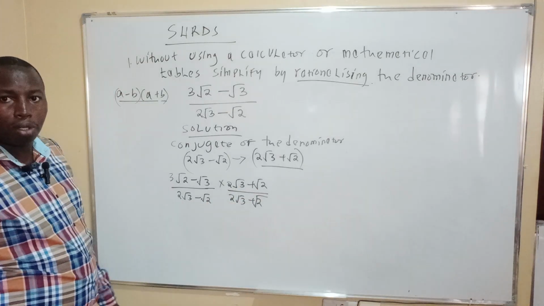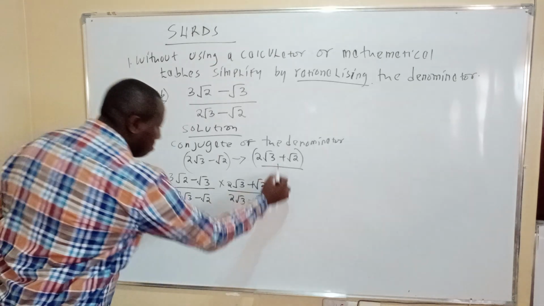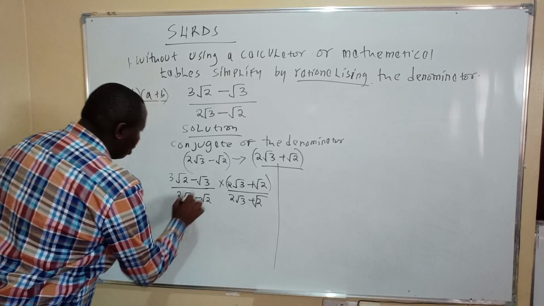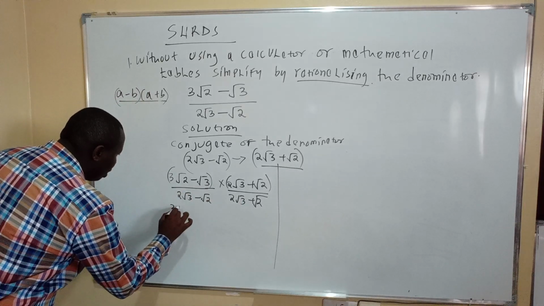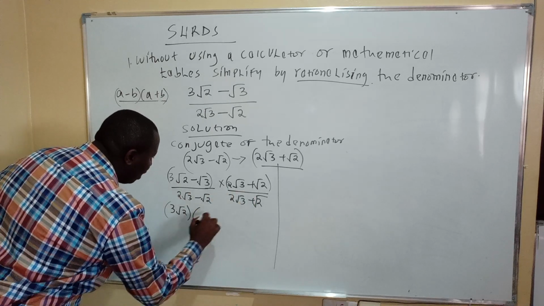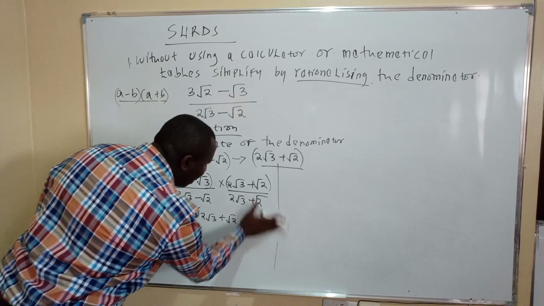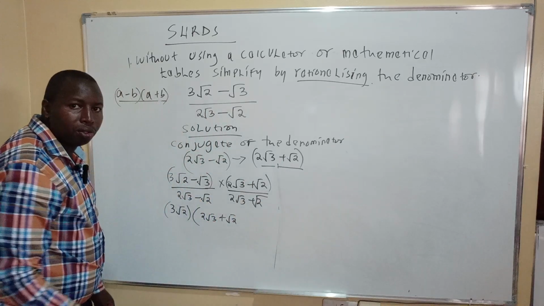Now you can first of all multiply the numerator. You can first expand the numerator. You take 3 root 2 to open 2 root 3 plus root 2. You apply the expansion you learned in form 2.